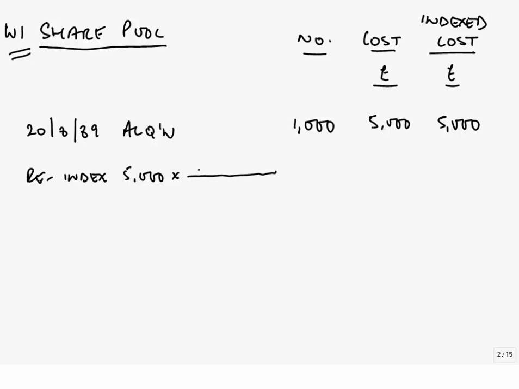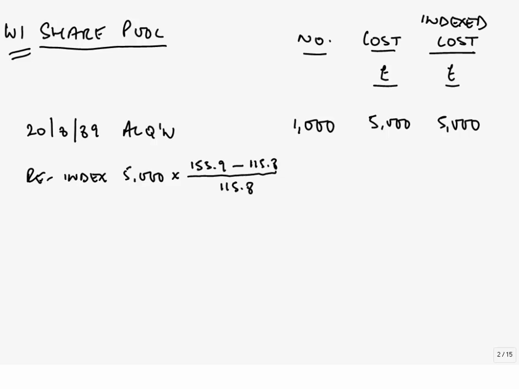We are told November 96 RPI 153.9. What was the RPI when we originally bought those shares, the acquisition in August 89? That was 115.8, all over 115.8.